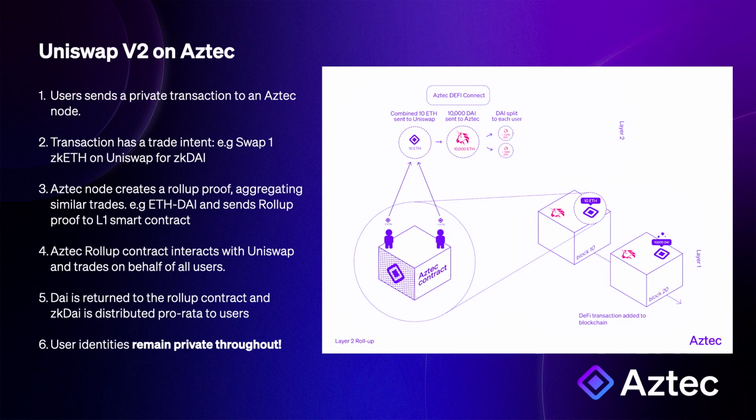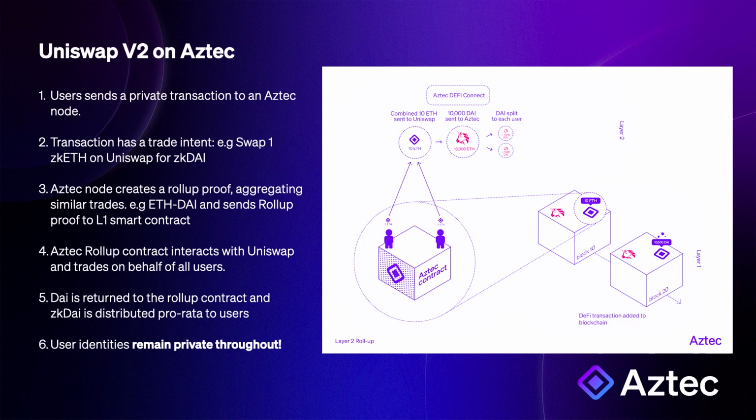And because it's a zero-knowledge proof, we have ironclad cryptographic guarantees that when the trade happens, it's a correct record of events. There are no optimistic rollup delays here. Once the proof is valid on L1, we have the authority to actually transact on behalf of all those users.